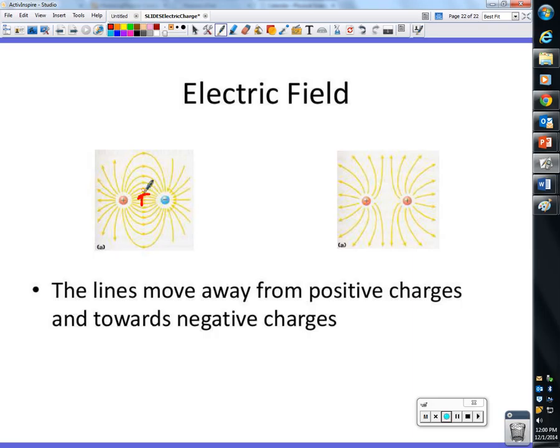So Kate, if I threw a positive charge in there, we know that extra positive charge is still going to be repelled by positives and attracted to negatives, right? So now we can see that these arrows are starting by the positive and pointing towards the negative, right? Does that make sense?